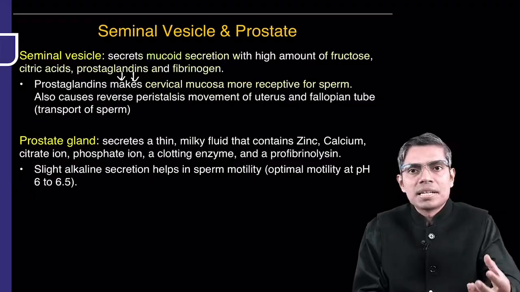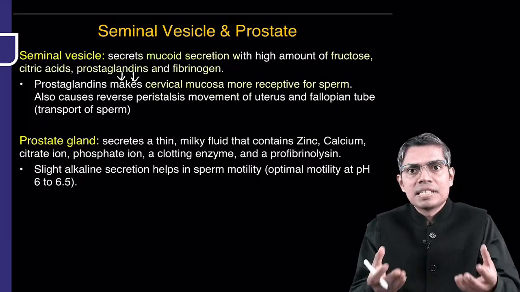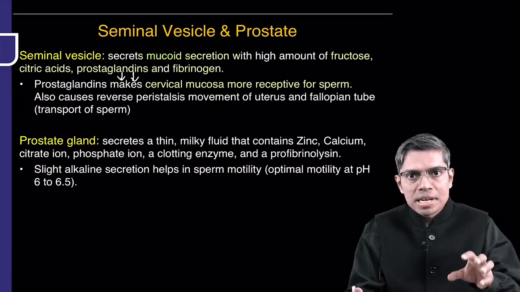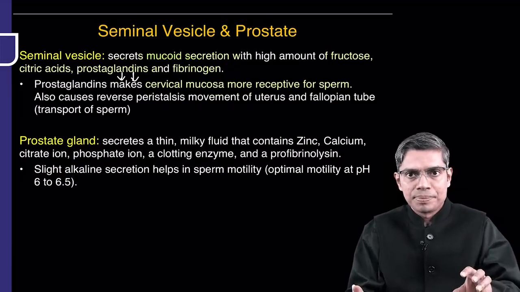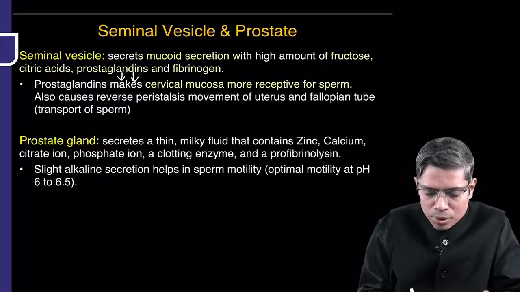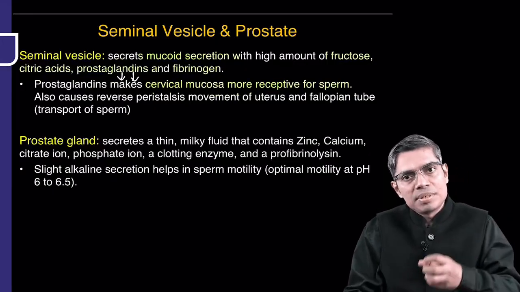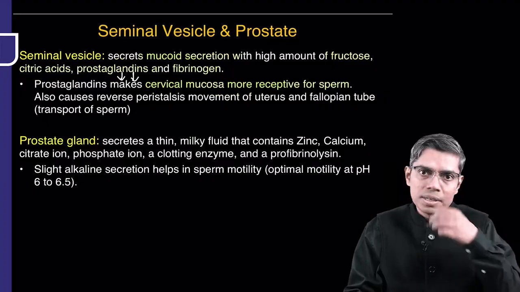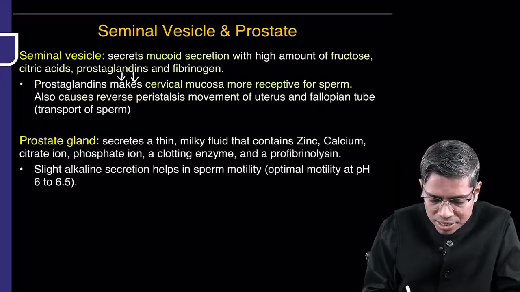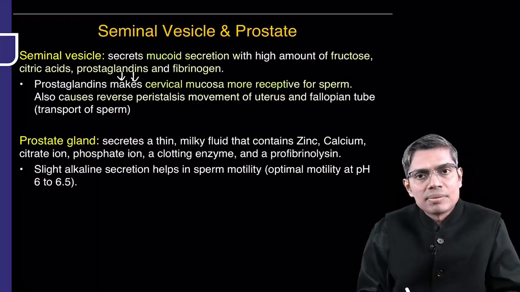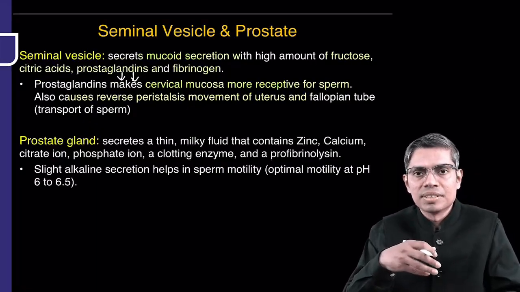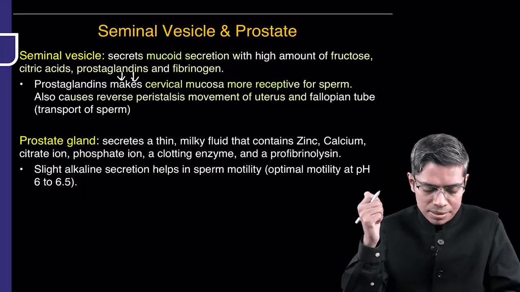So when the semen is ejaculated at the level of the vagina and female reproductive tract, the prostaglandin component of the semen, which is secreted from the seminal vesicle, makes the female cervical mucosa more receptive for the sperm. It will take the sperm more avidly, right? Also it causes reverse peristalsis movement of the uterus and the fallopian tube, so that the sperm will be easily transported from the level of the vagina up to the level of the isthmus, right?